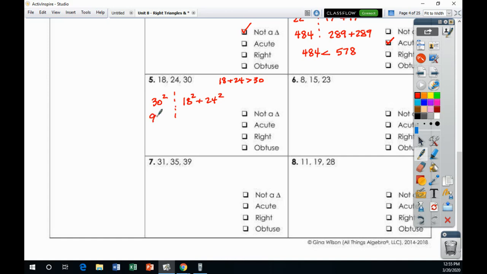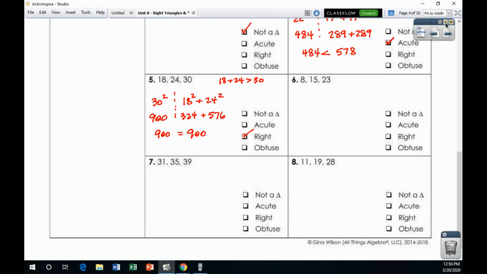This is 900. 18 squared is 324, and 24 squared is 576. And this is going to add up to 900. So anytime C squared equals A squared plus B squared, you got yourself a right triangle. You kind of see where we're going with this. We'll do a couple more.